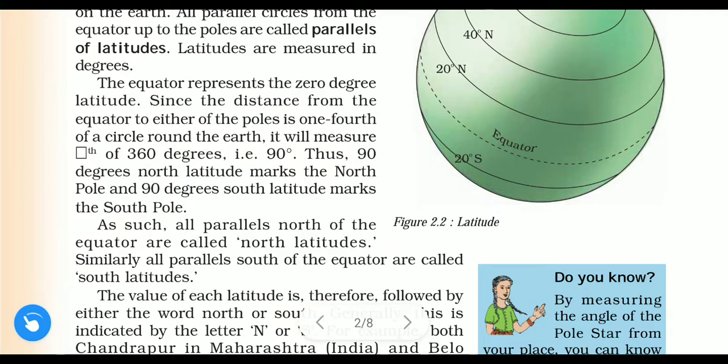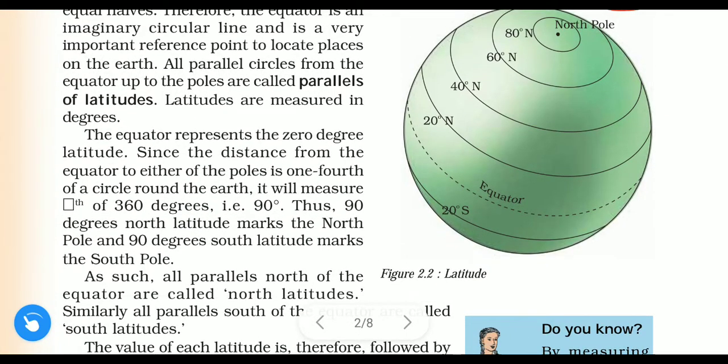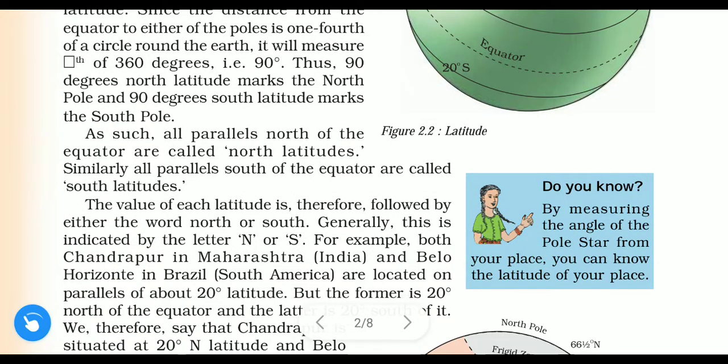The latitude at 90 degrees north marks the north pole, and the latitude at 90 degrees south marks the south pole.